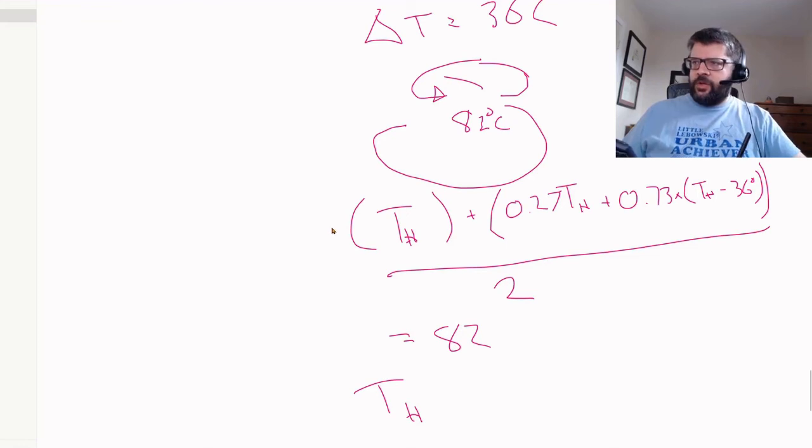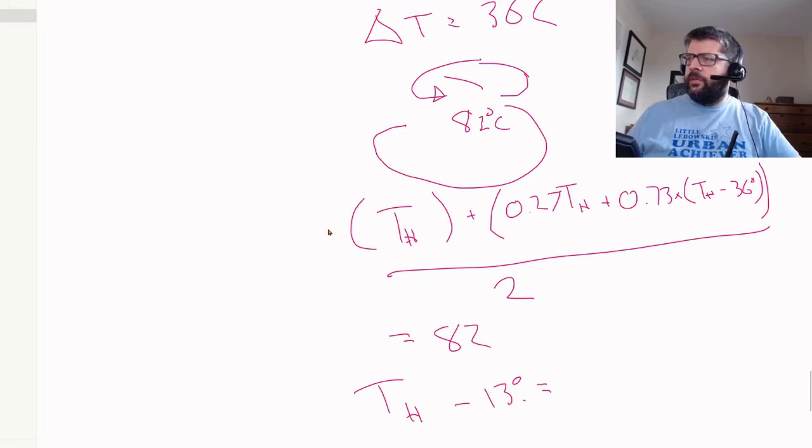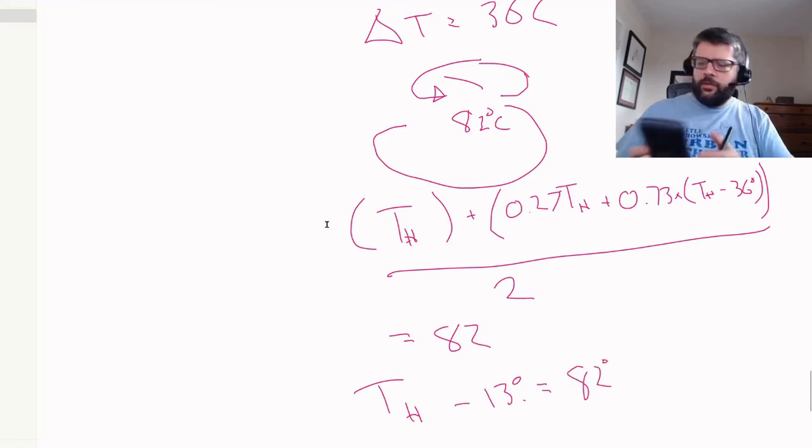So TH minus 13 degrees is equal to 82 degrees.